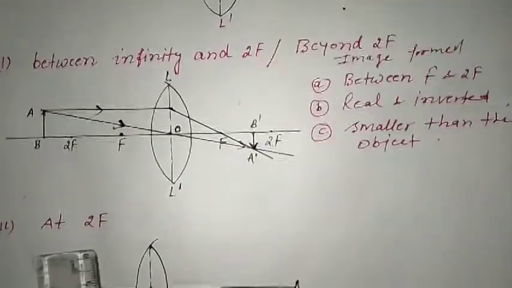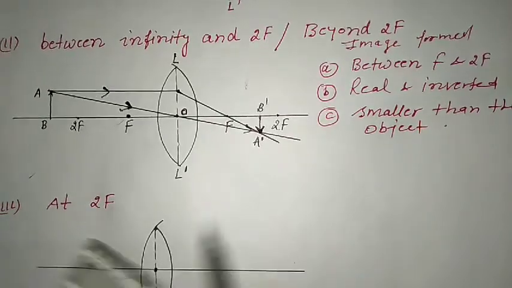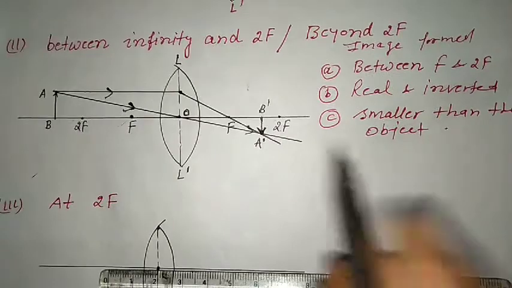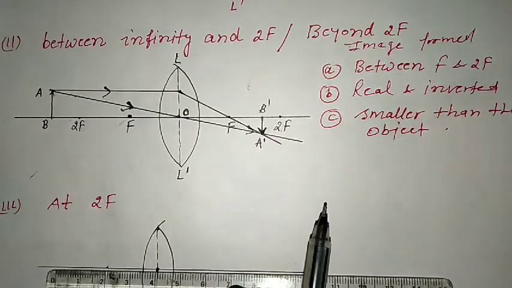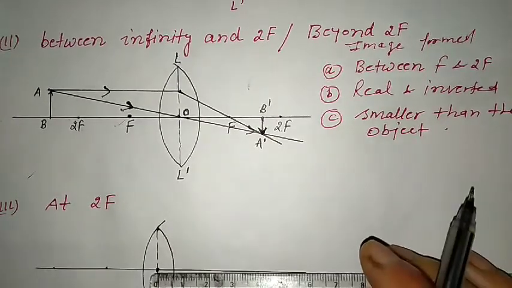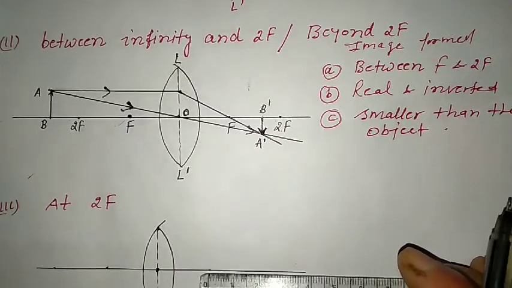Now, where the object is placed, again we are marking here at 2 centimeter. This is at 2 and further at 2. This side also at 2, further at 2.